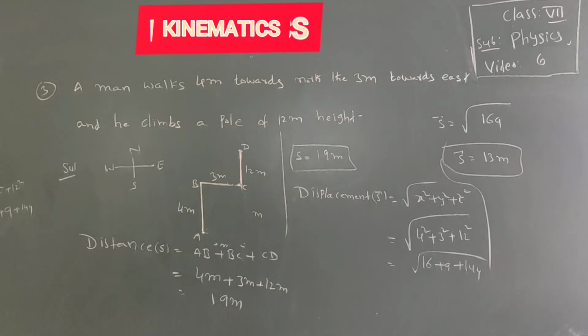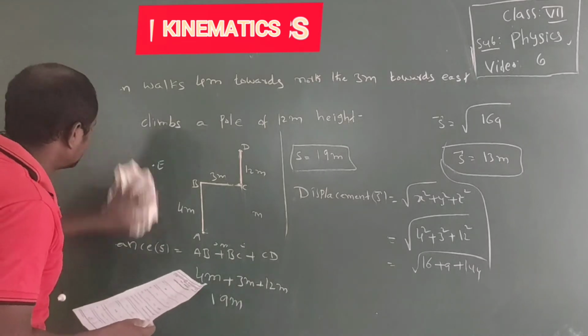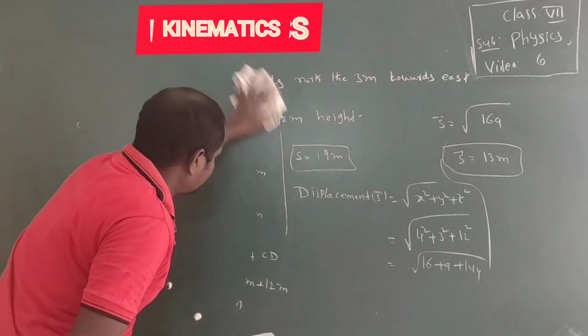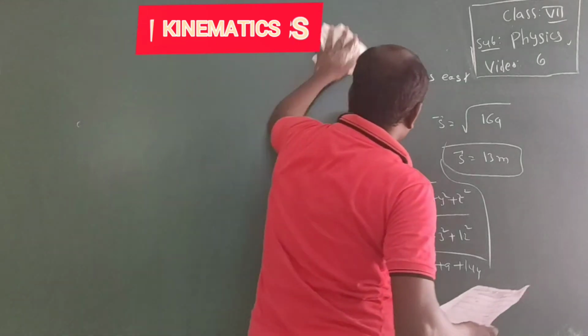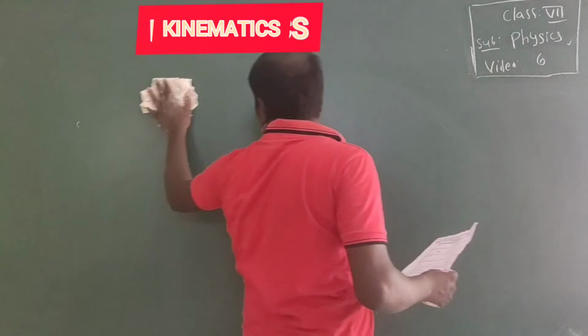Next one is the fourth question. A body is moving along the circumference of a circle of radius r and completes half of a revolution.